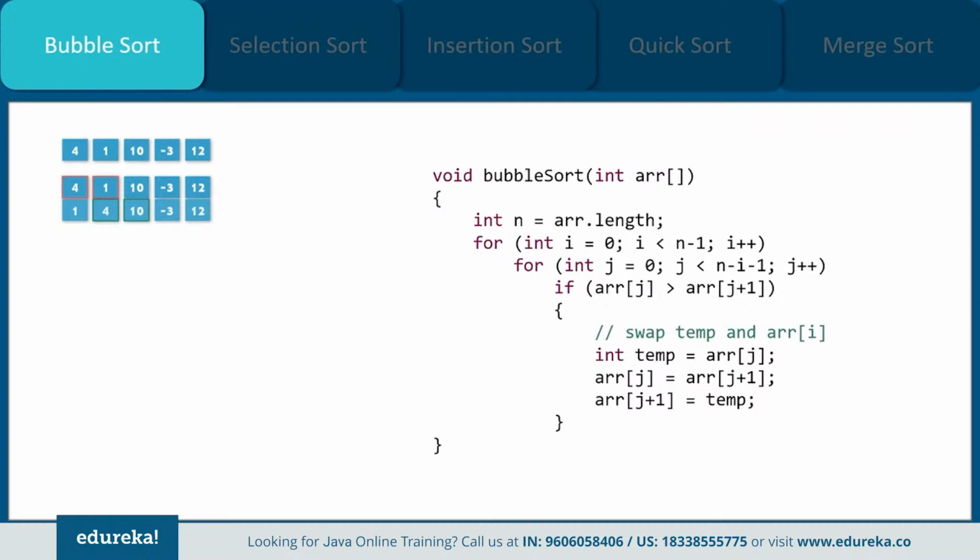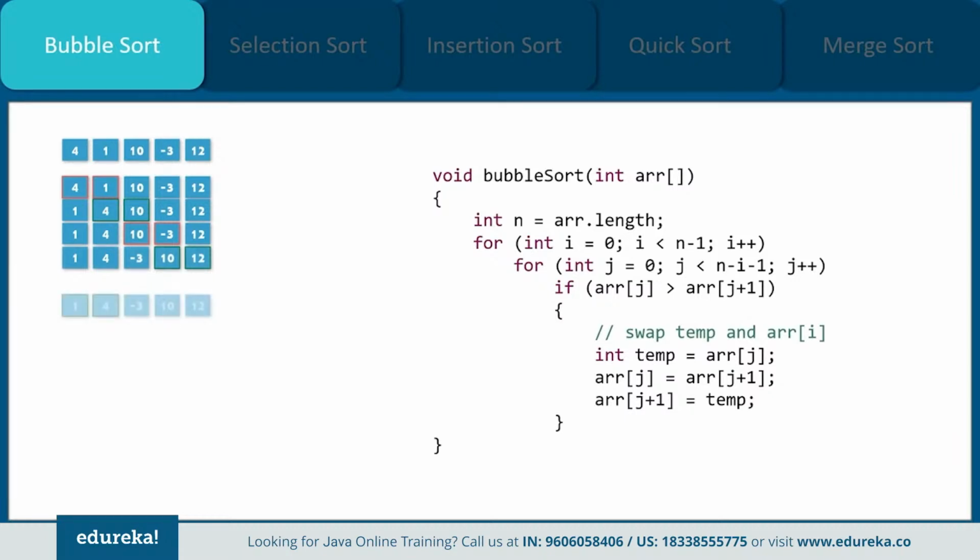Next we compare 4 and 10. That passes because 4 is less than 10. Then we move on to the next adjacent elements, 10 and -3. When we compare them, we find that -3 is the smaller one, so we swap them. And in the same way, when we compare 10 and 12, it's perfectly fine.